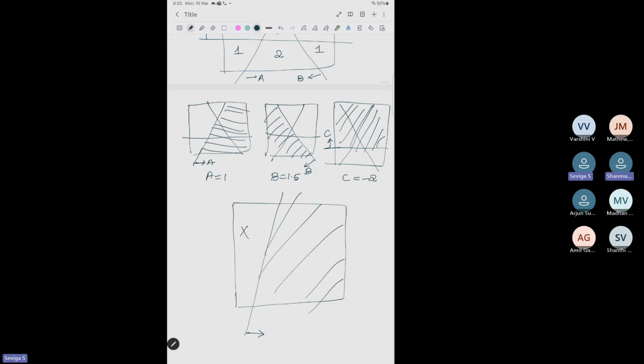Similarly for B, this region is positive, the other region is negative. So the arrow is indicating the positive region. It has nothing to do with the presence or absence of data. It is not dependent on the data. For each classifier, there is a positive side and a negative side, so it has nothing to do with the data. Okay. Thank you.